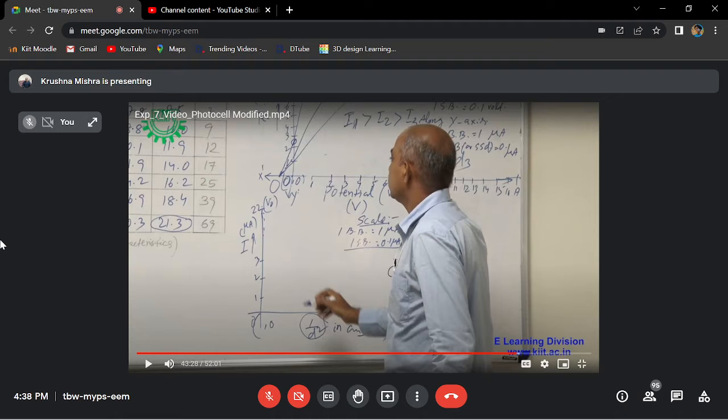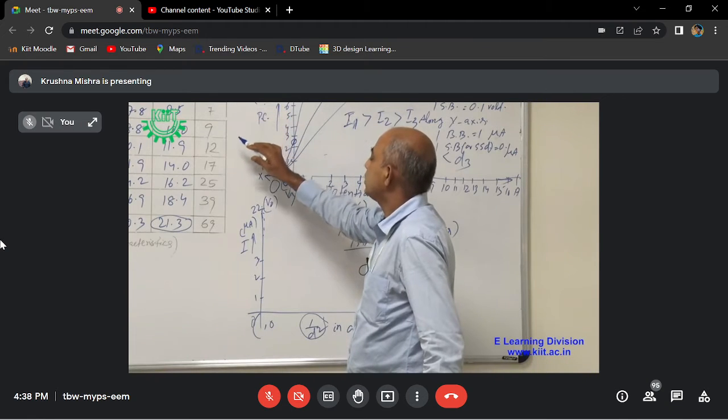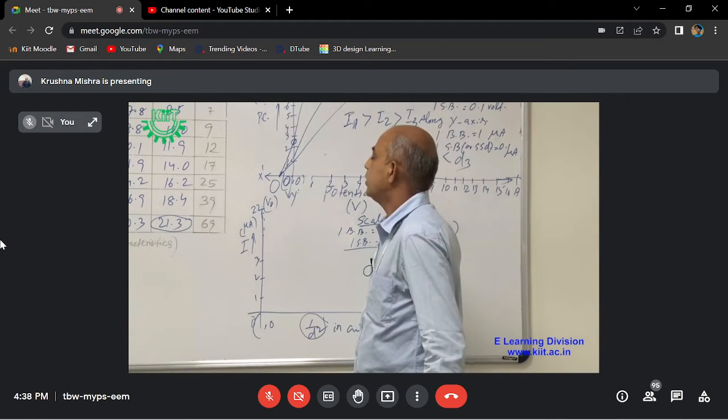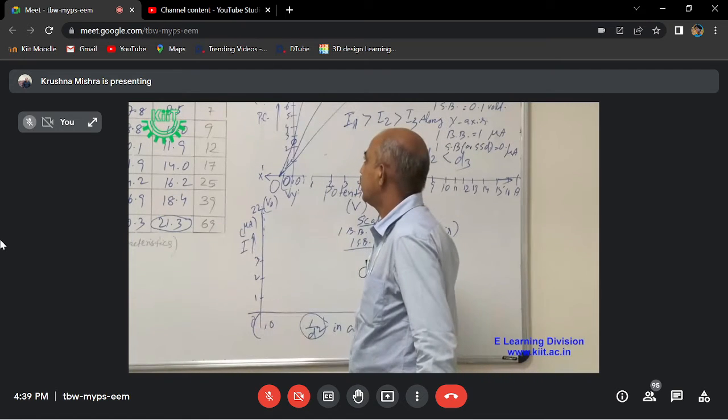The scale is taken with photocurrent along the y-axis and 1 by d square along the x-axis: 2, 4, 6, like this up to 70, because the maximum value of 1 by d square is 69.